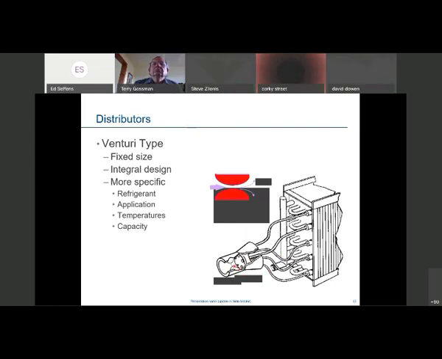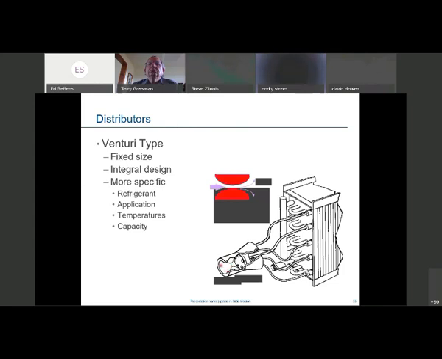And if you take a look inside here, it's got a raised section here on both sides of the distributor. Now, internally, it's all the way around the distributor, right? So as the liquid comes in, the refrigerant in your expansion valves right here tends to speed up.